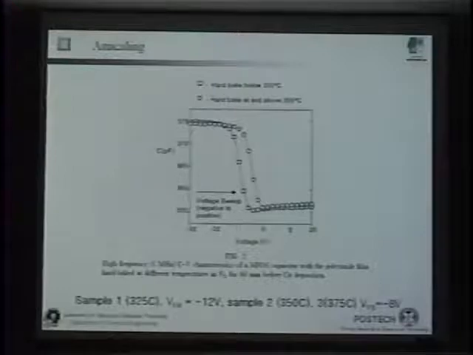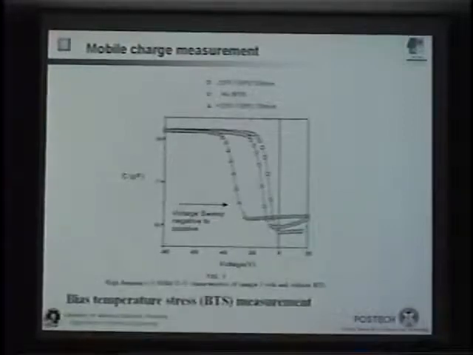That means you have some positive charge in the film, and the magnitude is quite high compared with the inorganic silicon case. Also, if you anneal at high temperature, for example above 350, the shift is smaller, but if you anneal at lower temperature, there is a larger shift in this direction. So annealing is quite critical to remove these mobile charges. In this case, the higher the anneal temperature, the better the film for polyimide.